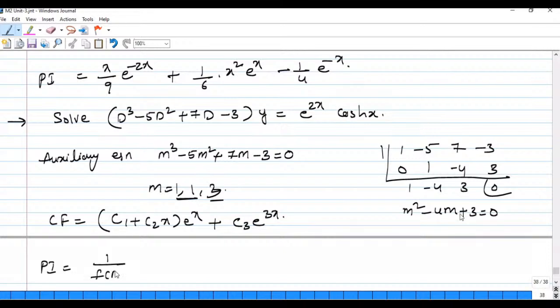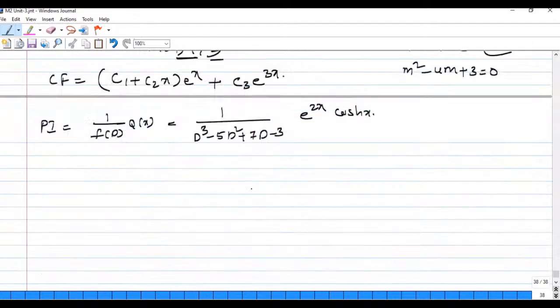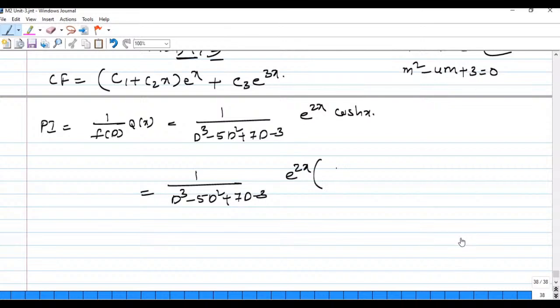Write PI: 1 by f of D into Q of x. That is 1 by D cube minus 5D square plus 7D minus 3 into e power 2x into cos hx.